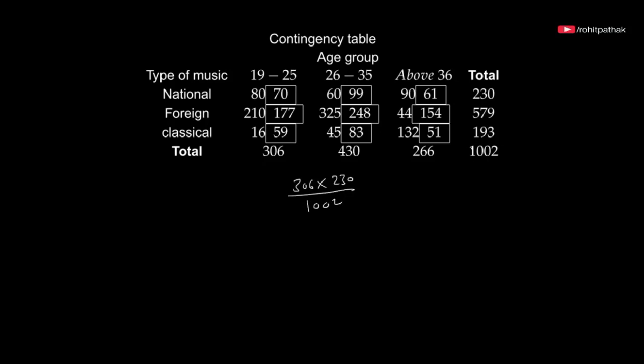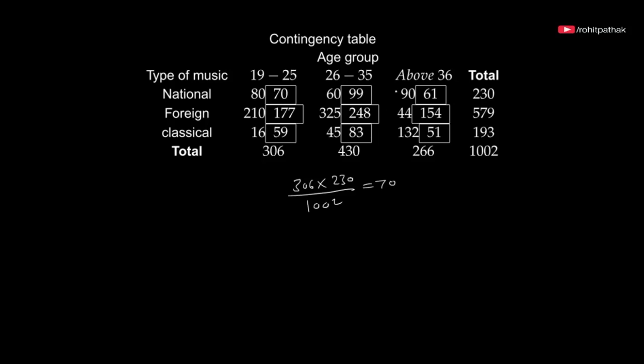The total number of observations is 1002, the row sum is 230 and the column sum is 306. This gives the expected number of observations, which is 70. In fact, this is 70.24 or something, which has been rounded off to 70.